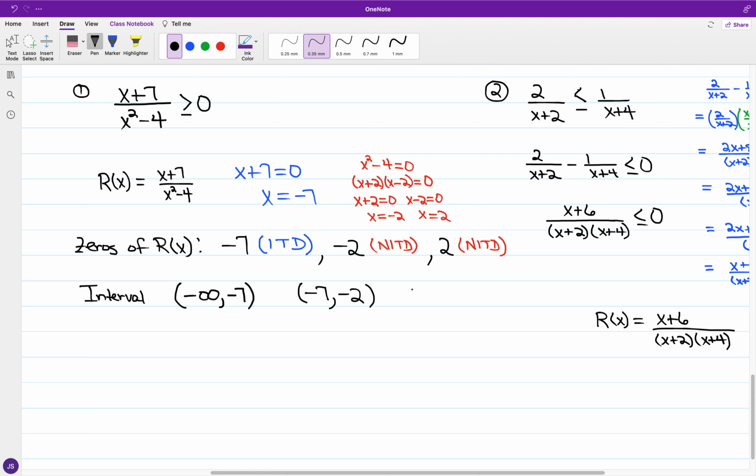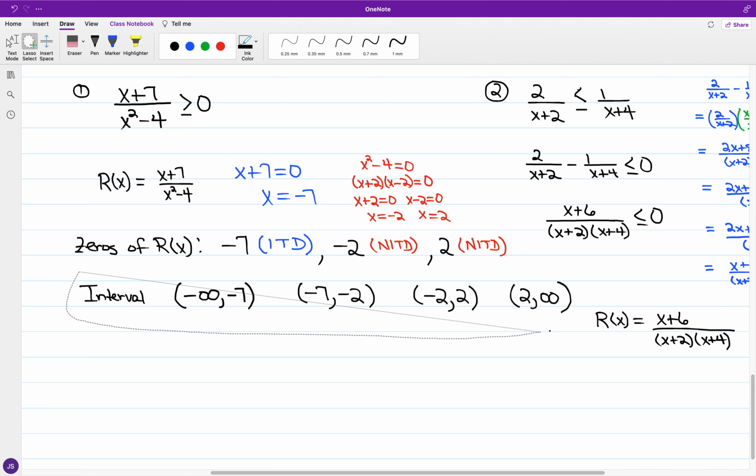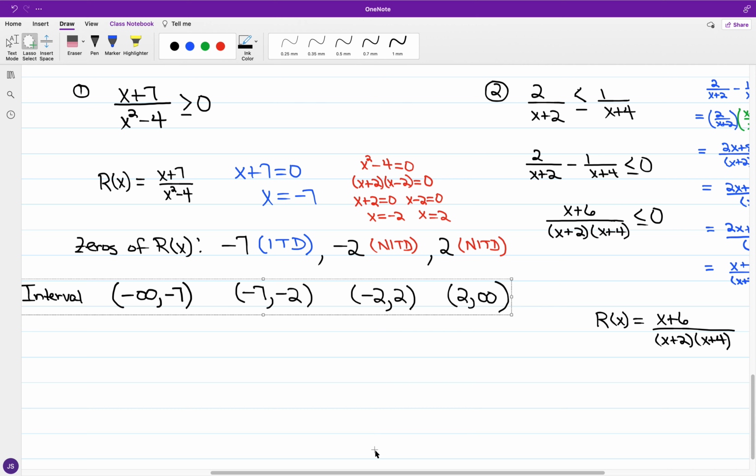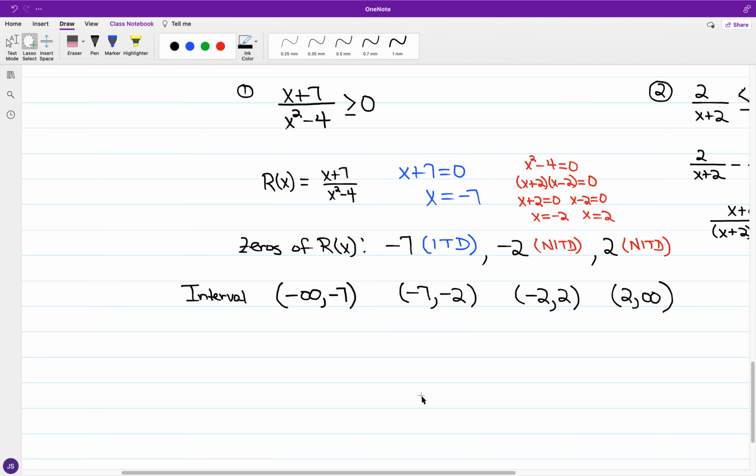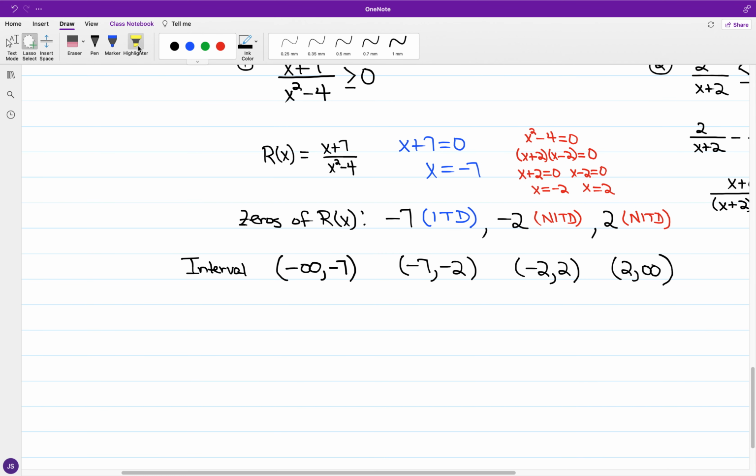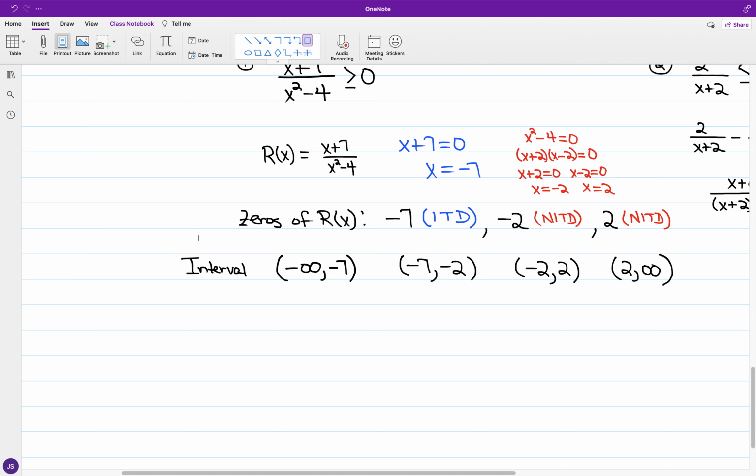And bypassing -2, next in line, you have those values of x greater than -2 and less than 2. And then for the rest, you have those values of x greater than 2. Okay, so those would be the headings of what we have for this table. So we got the intervals.